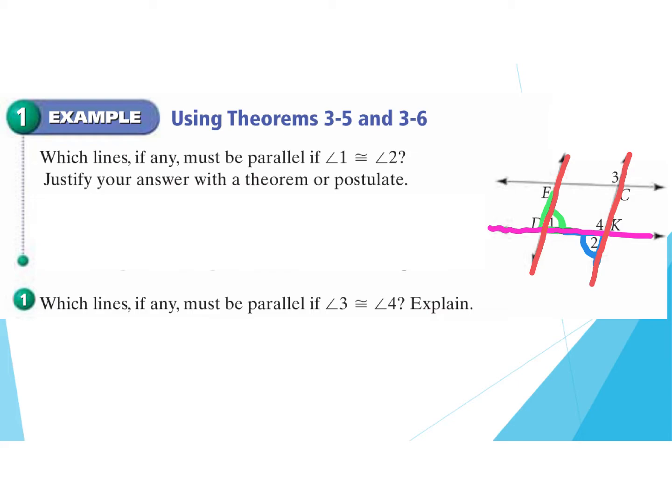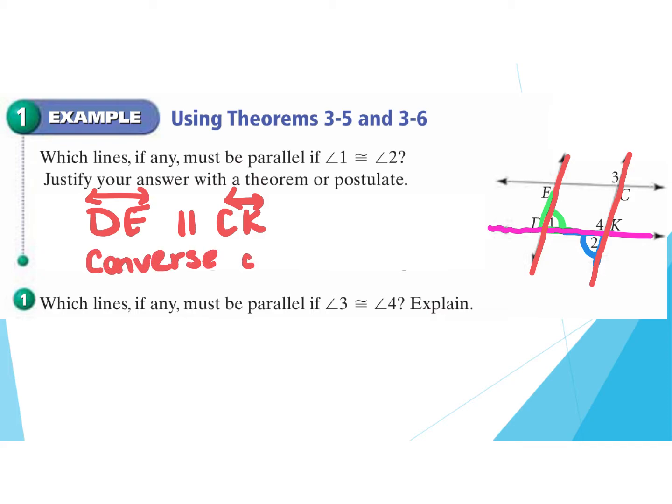So as a result, I could say that DE is parallel to line CK, and those are alternate interior angles. So I could say converse of alternate interior angles.